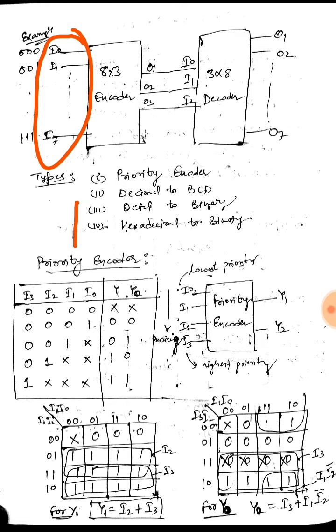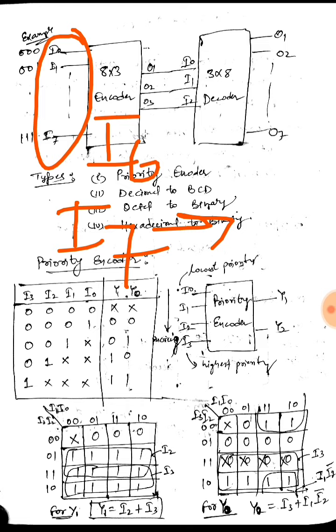Let's say if I7 is given the highest priority and I6 and I7 are high at the same time, so I7 will transmit to the output. If I6 is having a higher priority than I5 and I7 is 0, so between I5 and I6, I6 would be transmitted first.